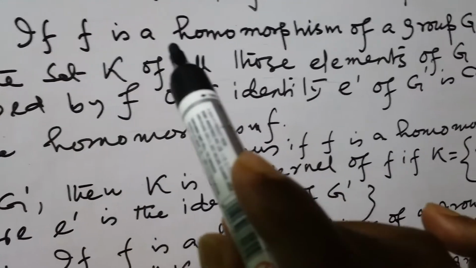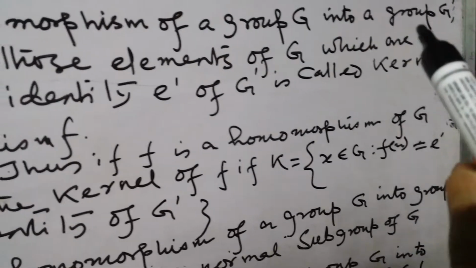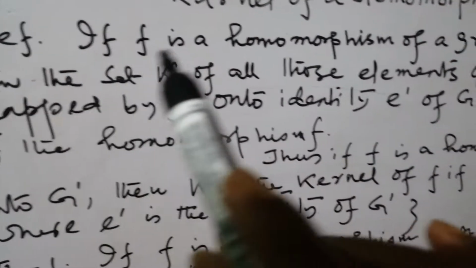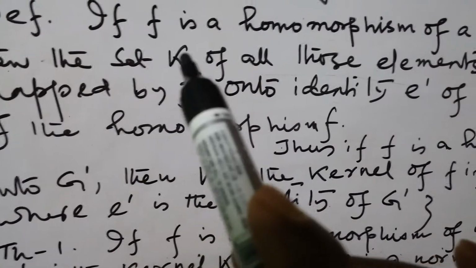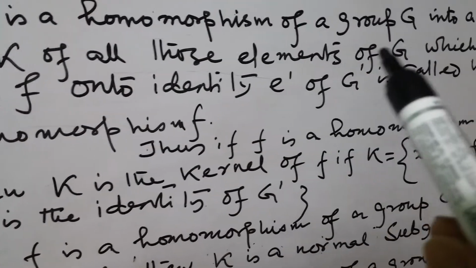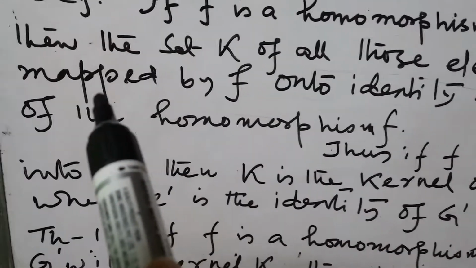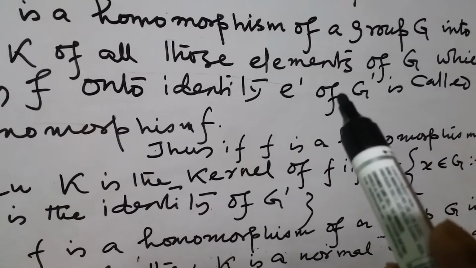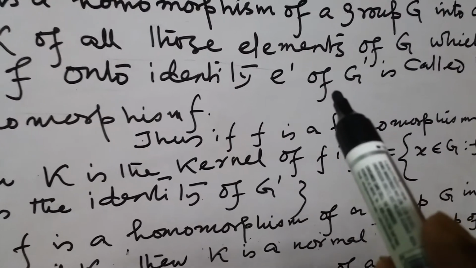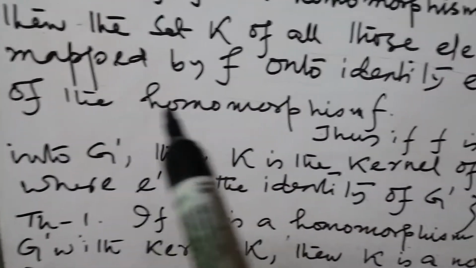Now, if F is a homomorphism of a group G into a group G dash, then the set K of all those elements of G which are mapped by F onto E dash of G dash is called kernel of homomorphism.